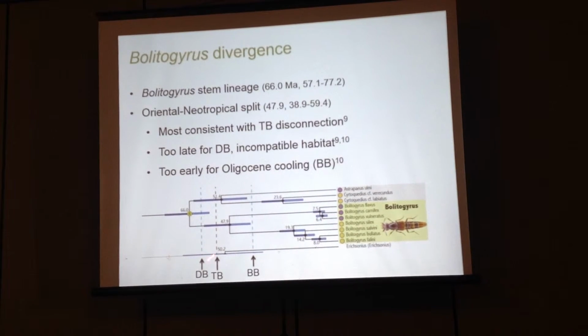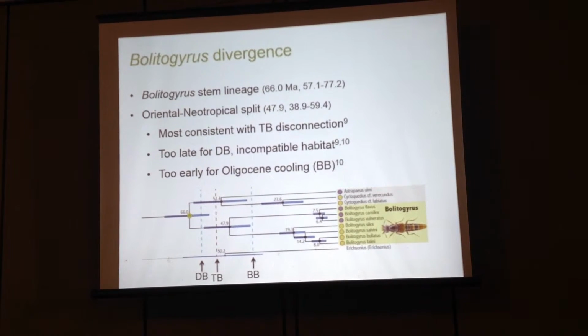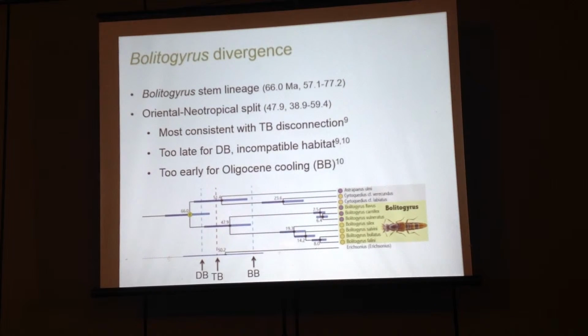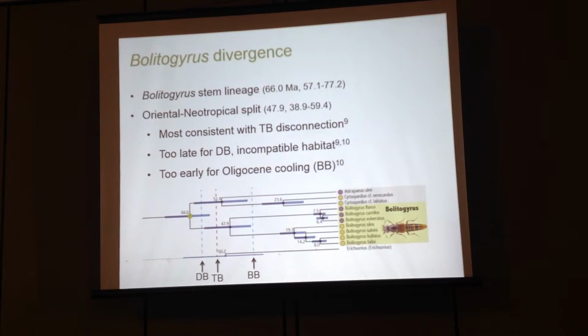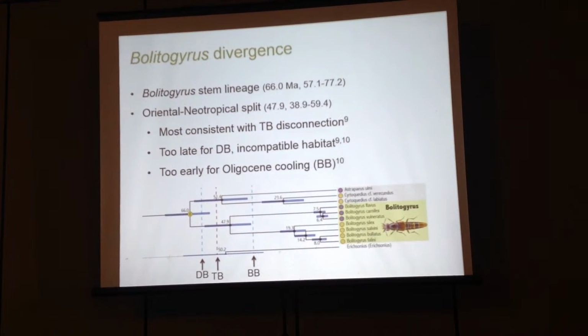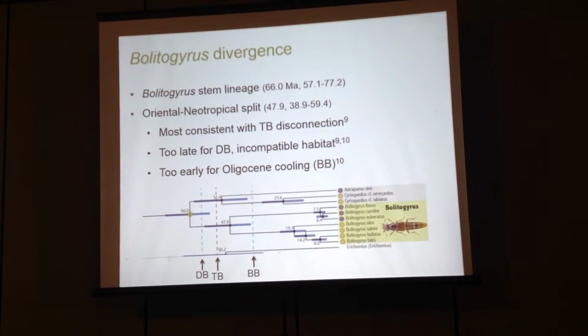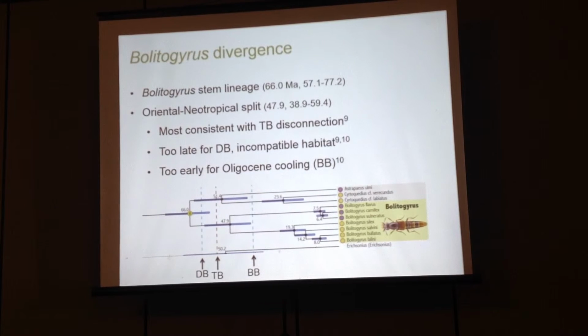So we could rule out that the disconnection of the Gir bridge, which happened way earlier, would be the case, and the Beringian bridge, which actually existed longer, but after about this time it became rather cold, not available for subtropical and tropical organisms, also could be ruled out.